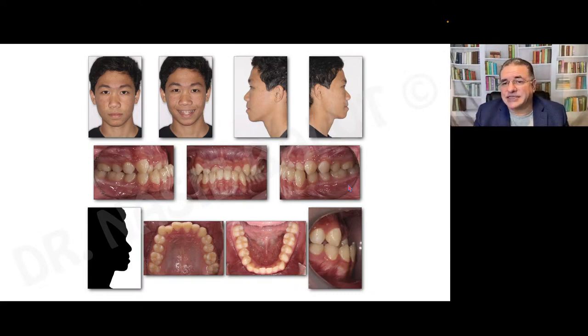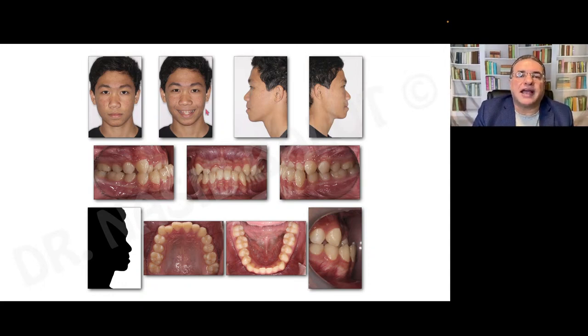And the last situation that I might use is extracting the upper second bicuspids and lower first bicuspids. This will be my last option.